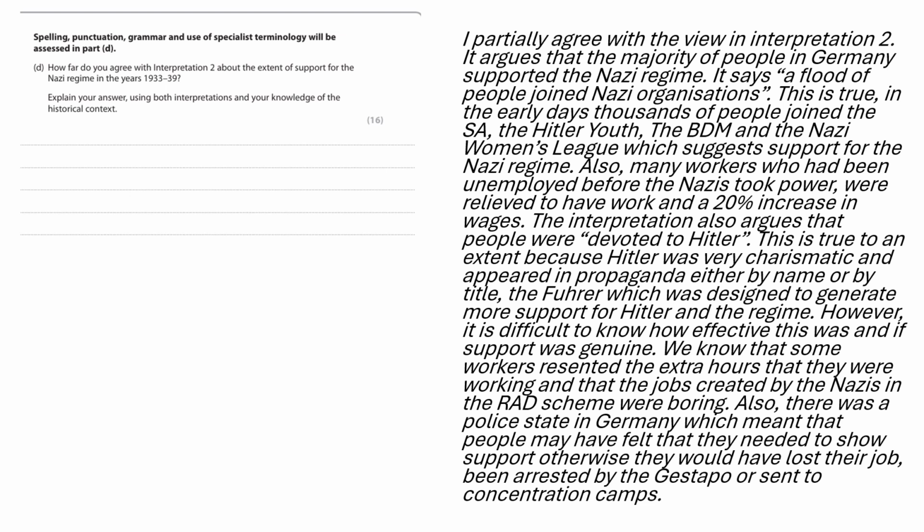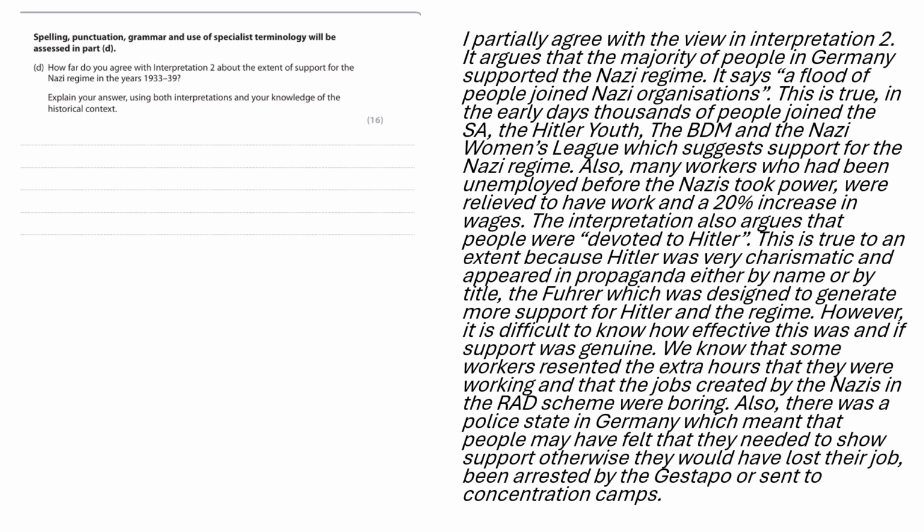Now, once you've written down what bits of the interpretation you think are true, you can use your knowledge at this point to challenge interpretation 2, to write down things that you don't agree with. So when we put that all together, we have, I partially agree with the view in interpretation 2.